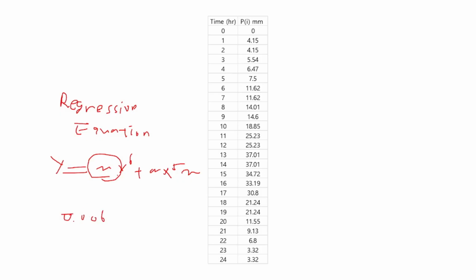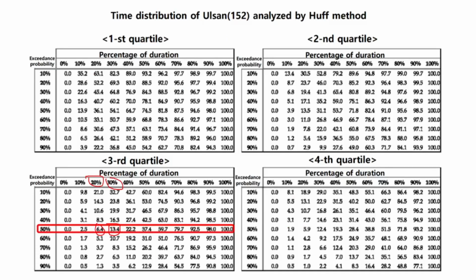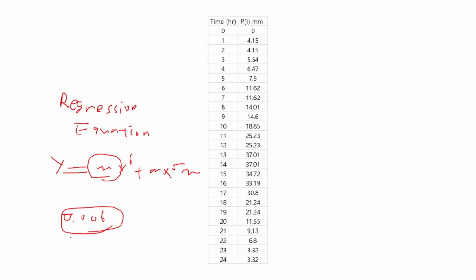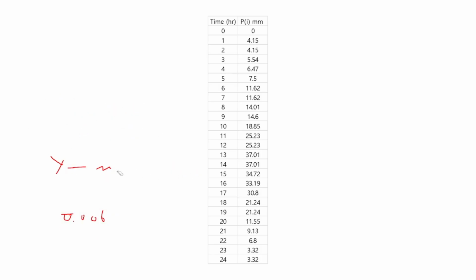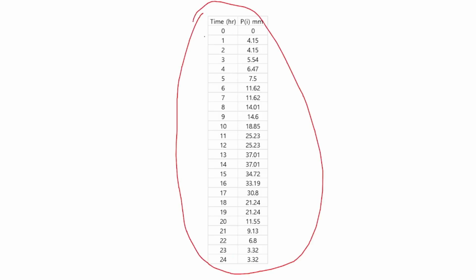So in that case, you're supposed to use these numbers to calculate the Huff method, but in this homework problem we have these tables and this percentage to use to solve the Huff method. So this is how we get the rainfall distribution table, and you're going to use this table. Okay, so this is the first data you have to use.